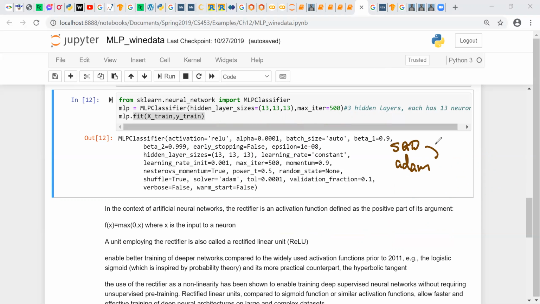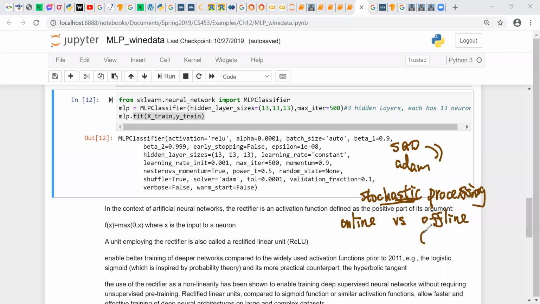Both of these support stochastic processing. Who still remembers the key concept about stochastic? Online. Yes, it's online. And online versus offline, where offline is also called batch.